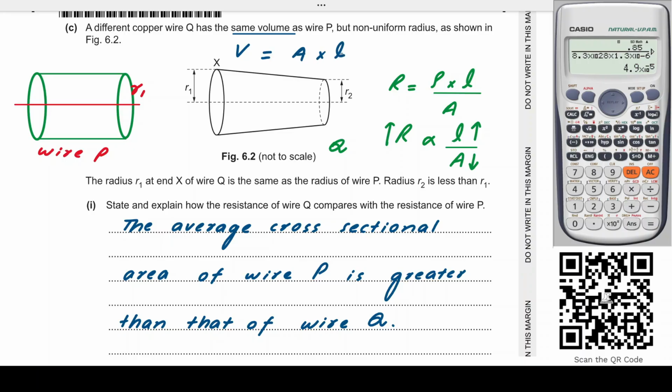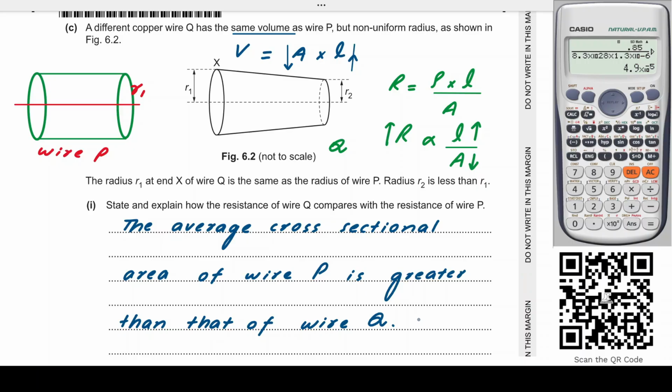Now this is the tricky part. If wire Q has smaller cross-section area on average but the same volume, how can V be the same? It is only possible if the length increases in the same proportion.